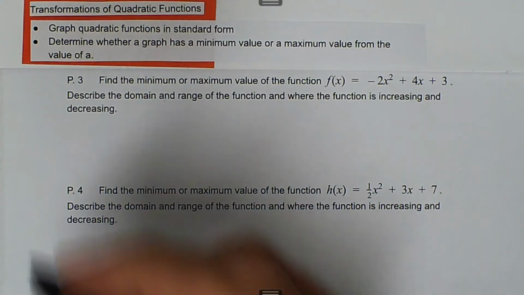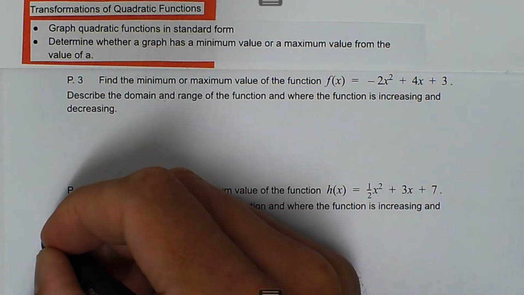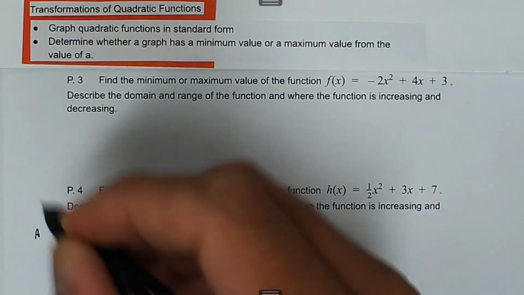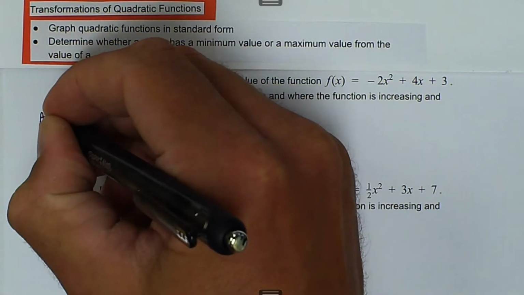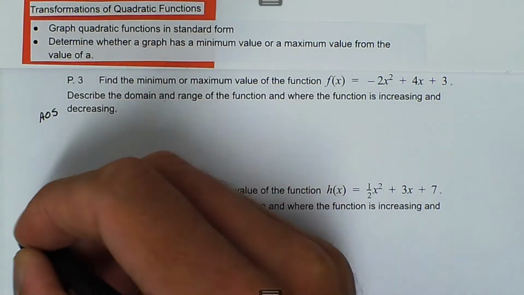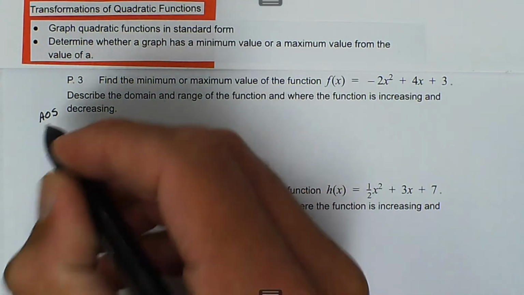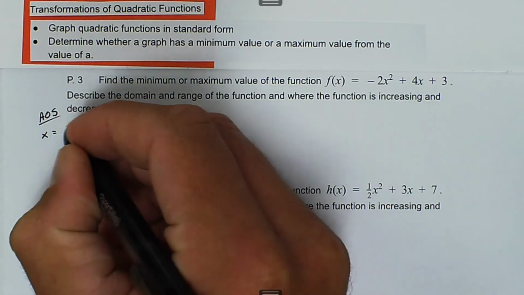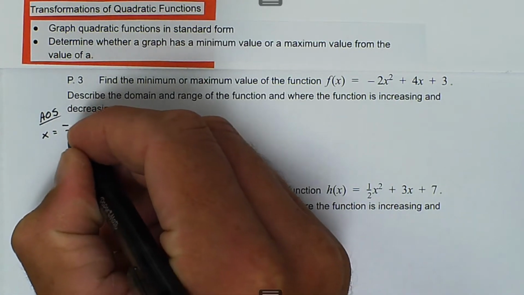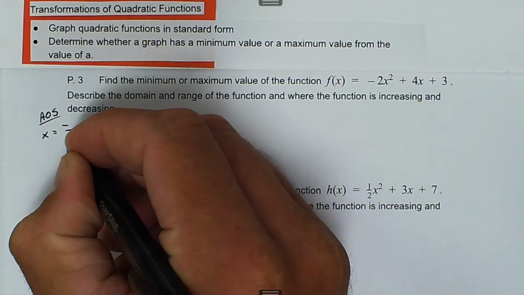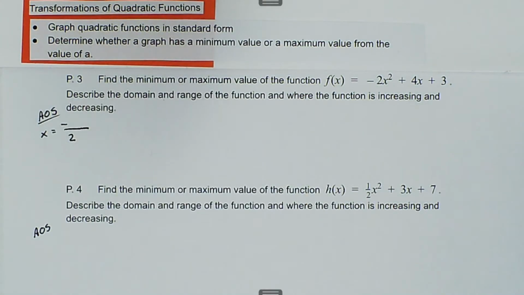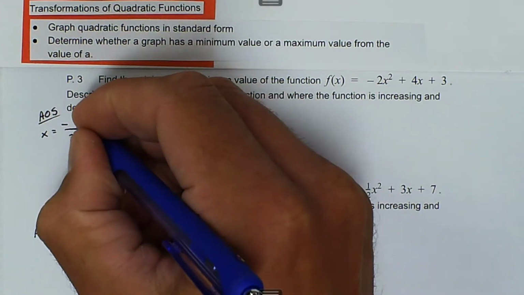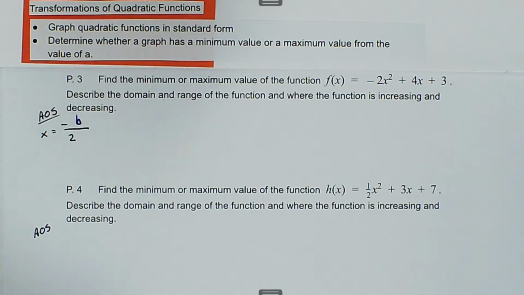So the first thing that we have to do is calculate the axis of symmetry, which has the equation x equals negative b over 2a. The negative is always there, the divide is always there, and the 2 is always there. The things that change are we substitute in b and we substitute in a.